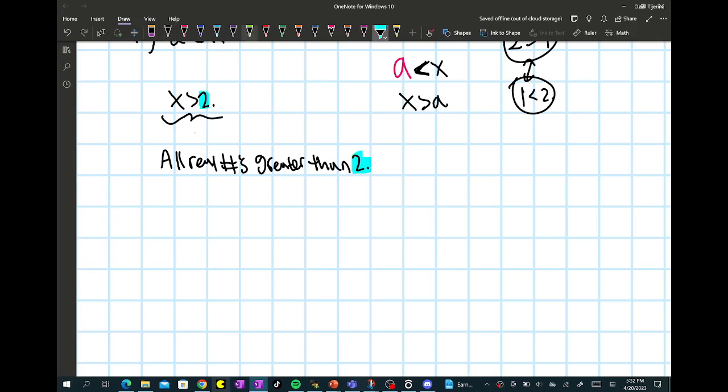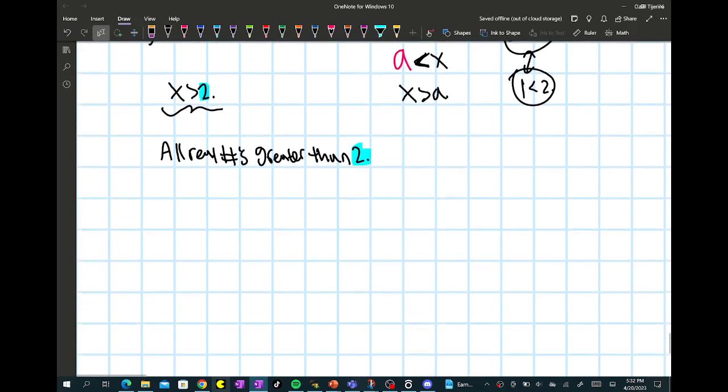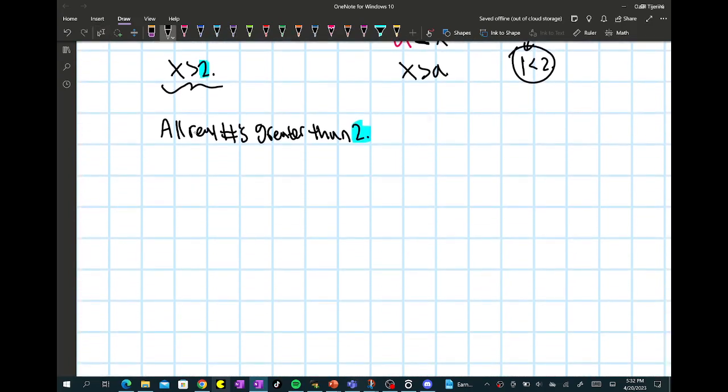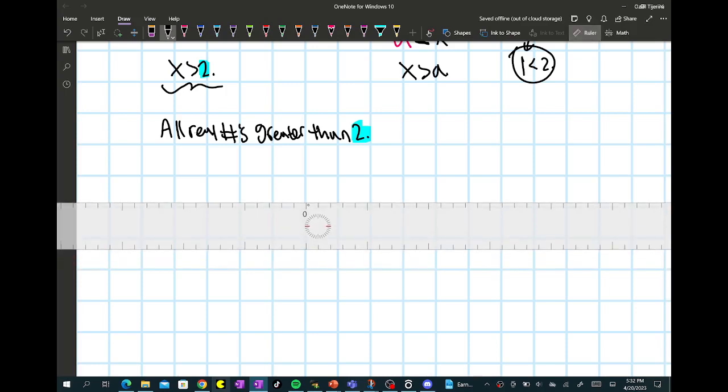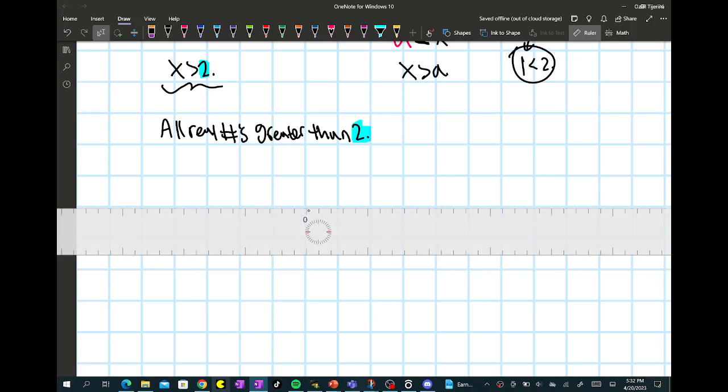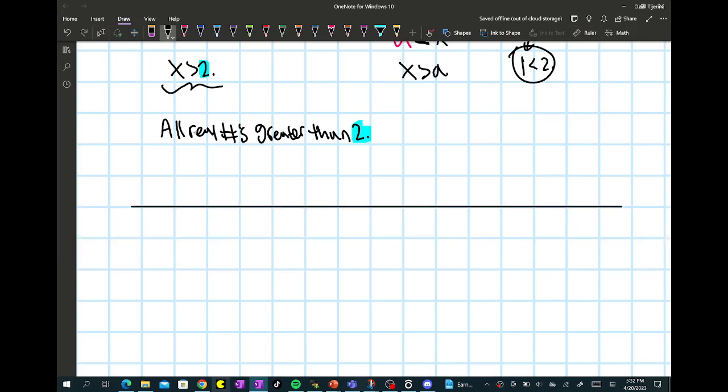So when I draw my number line here, in my number line I have 0, 1, 2, 3, 4, 5, 6, 7, 8, 9, so on and so forth.